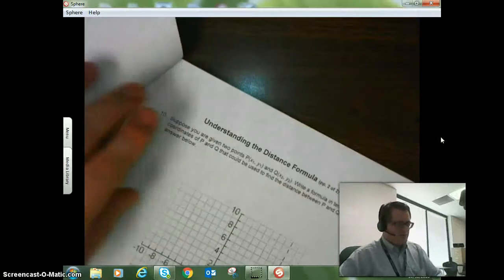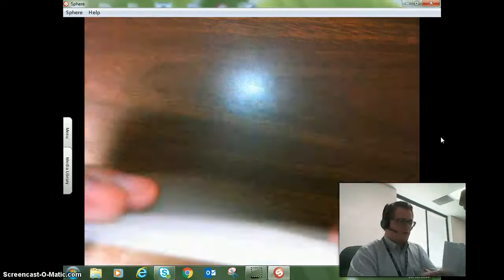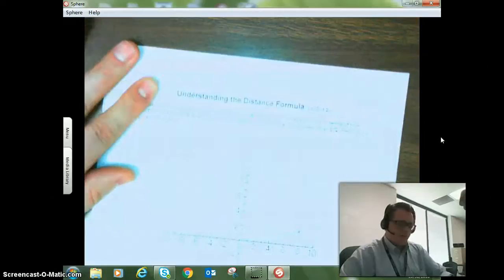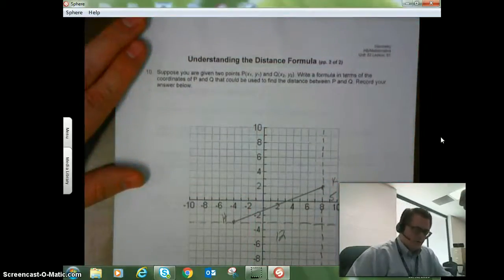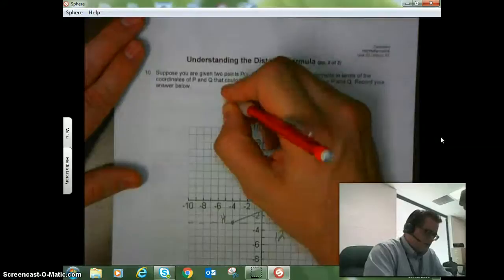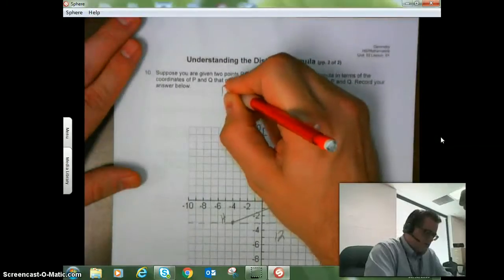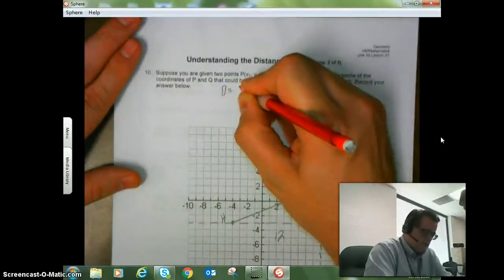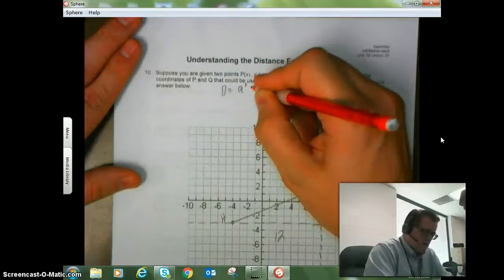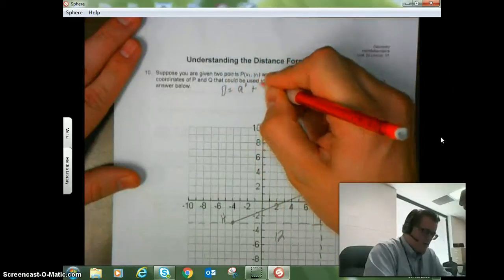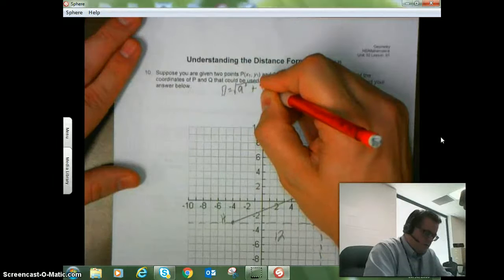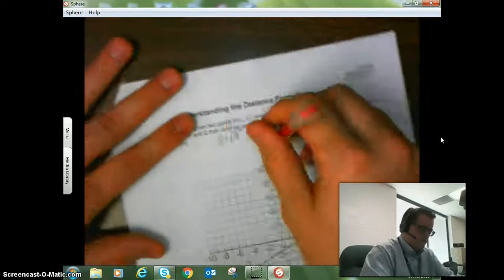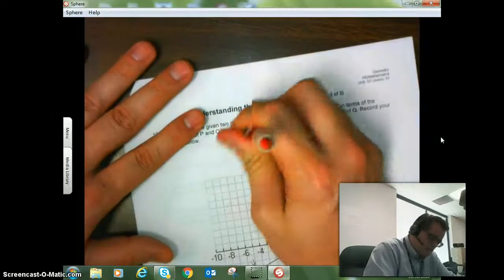So now how can we use that to write a new formula? Well, ultimately what we did is we said the distance between 2 points is really just the hypotenuse. Here, let me erase this and start over.